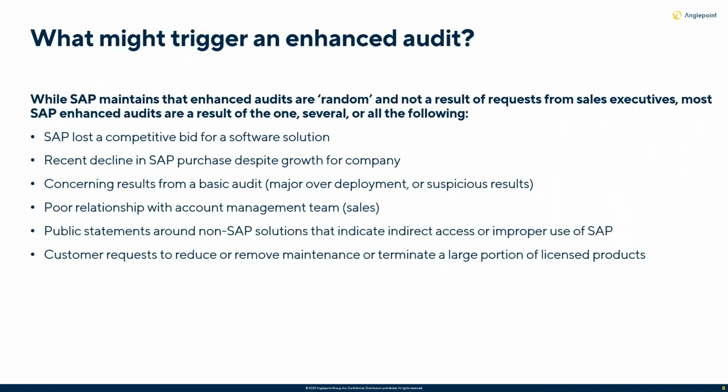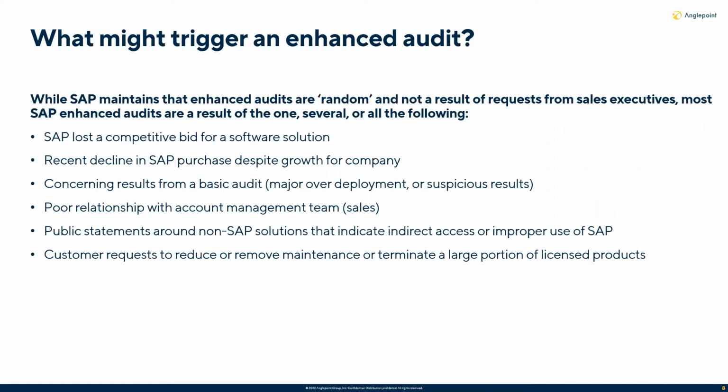Poor relationships with account management teams. So not having a good relationship with the account management, they're not able to sell into the account. It's contentious. They don't understand how you're using the licenses, things like that. Again, SAP maintains that sales and audit are completely separate, which we can believe to some extent, but we also know that there is a relationship there.